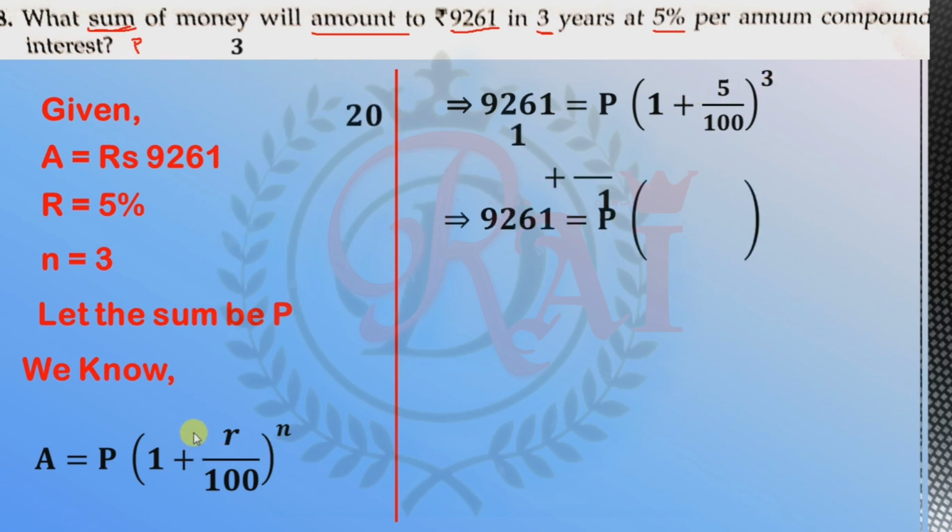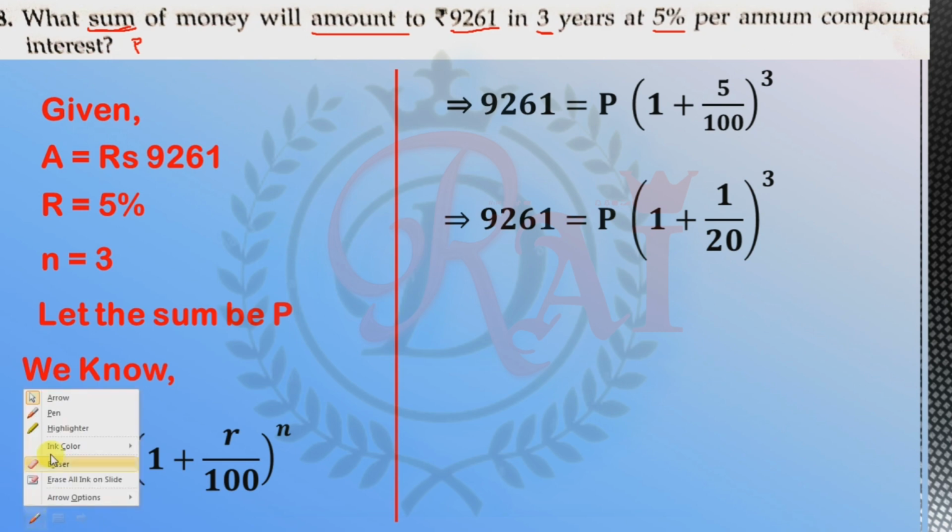Now from here, calculation part. So 5 1s are 5, 5 2s are 10, 0. So 9261 I will write as it is, equal to principal p, 1 plus 1 by 20, cubed.